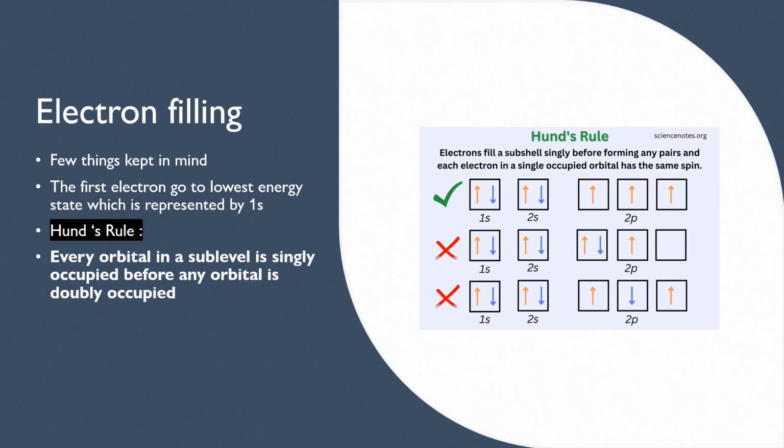Hund's rule states that whenever we fill electrons in degenerate orbitals, meaning orbitals of similar energy, we first fill them singly, and after that we pair them.